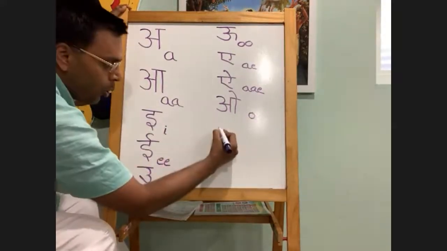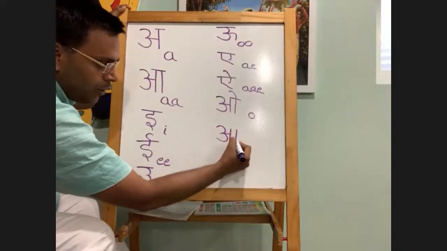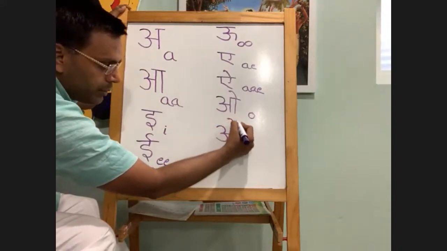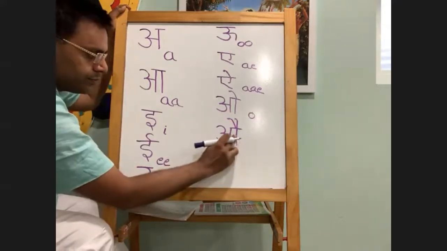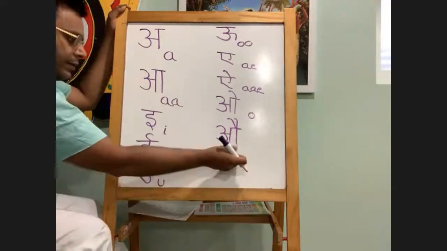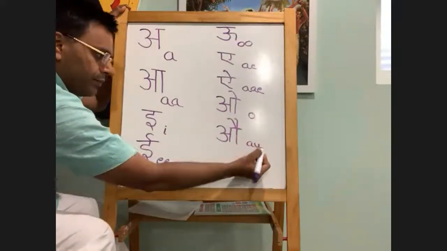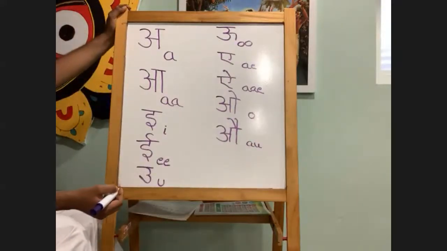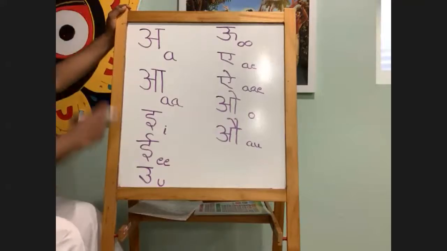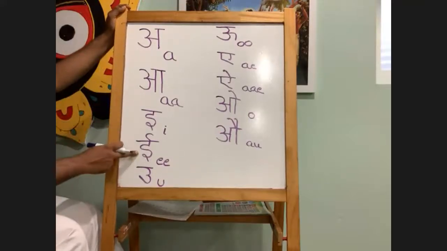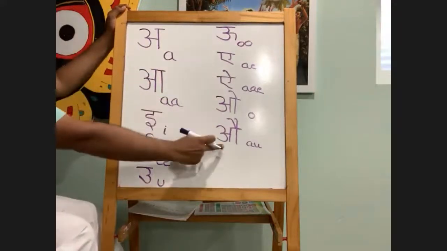Then o. The same o, but now there are two lines on top, like au. Yes: a, aa, i, ee, u, oo, e, ai, o, au.